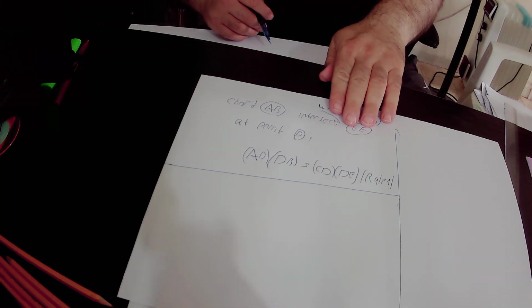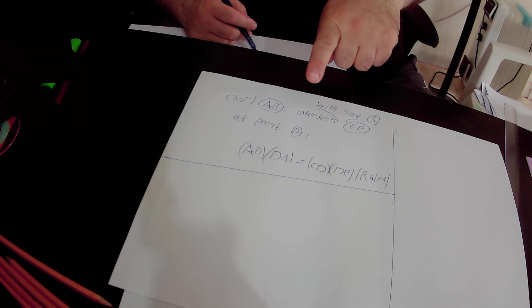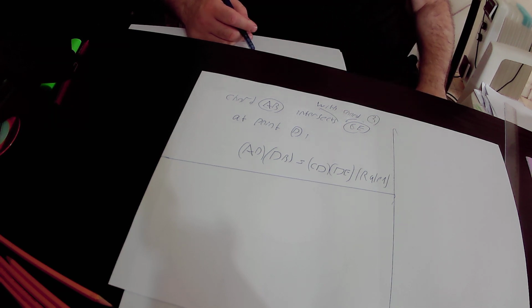I'll repeat again. According to rule number 1, AD times DB equals CD times DE. Okay?